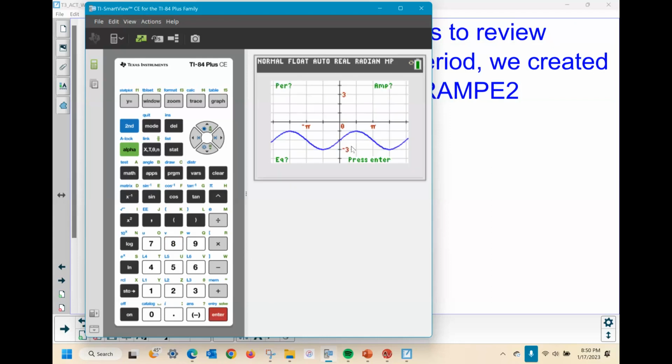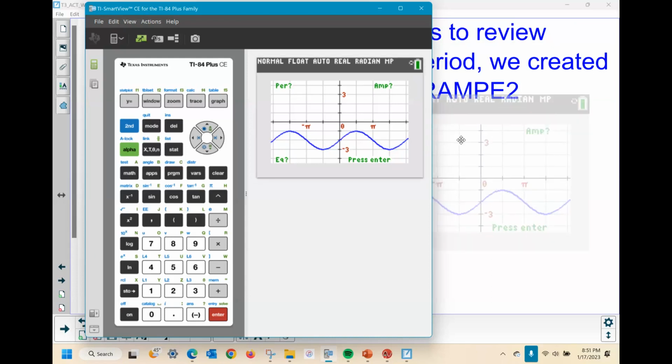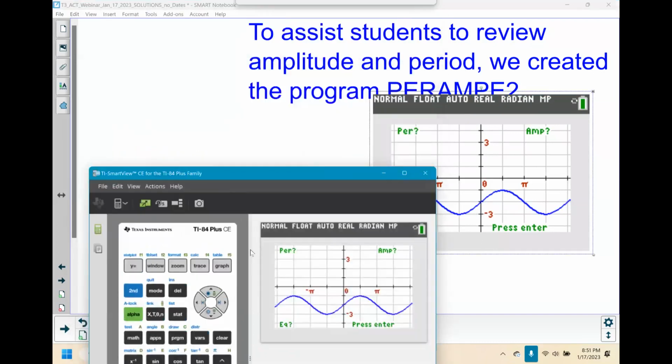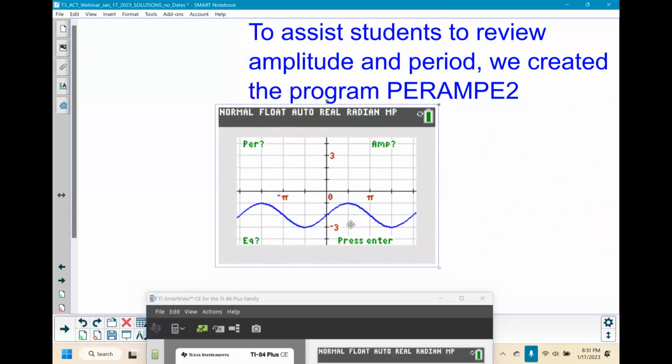So here's my first graph, and we want to know what's the period, what's the amplitude, what's the equation. And let me, in fact, pull this off so we can maybe see this easier. And so from this one here, I'm hoping students can see, go from a minimum to a minimum, max to a max, point of inflection to point of inflection, whatever. So they thought about it.